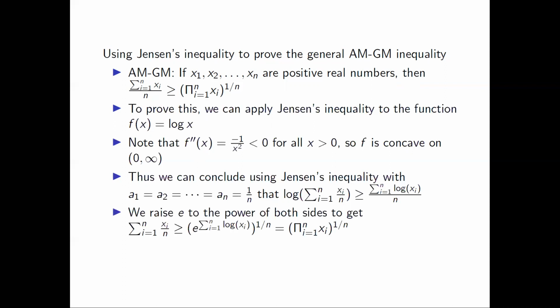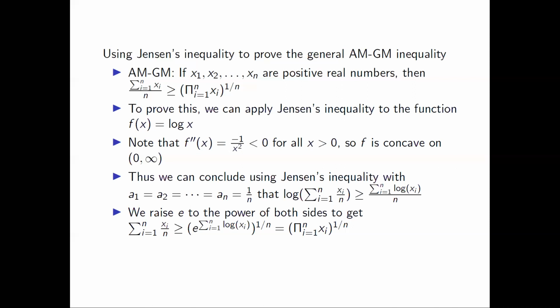So we raise e to the power of both sides, and that gives us that the sum from i equals 1 to n of xi over n is greater than or equal to e to the sum from i equals 1 to n of log of xi over n, and that simplifies to the product from i equals 1 to n of xi raised to the 1 over n. And that's exactly what we wanted to prove. So that gives us the general AMGM inequality.